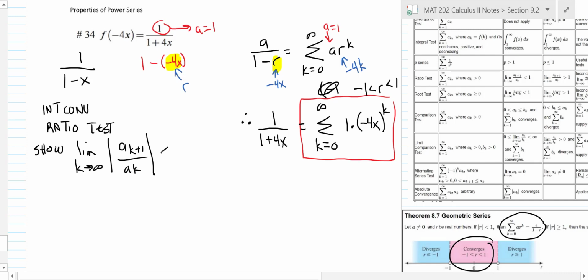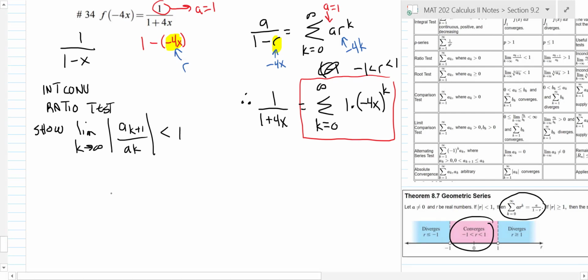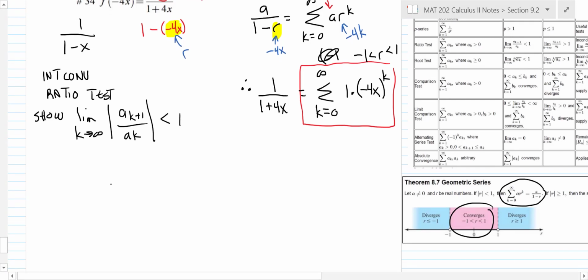What does that have to be less than on a ratio test? Less than 1, okay? So we need to set this up, and then this will lead us to figuring out that interval of convergence. I think the root test would probably work well on this too. But part of the reason I'm bypassing that is because of that negative. I'm not sure how that negative would work out. So let's go ahead and get this put together.